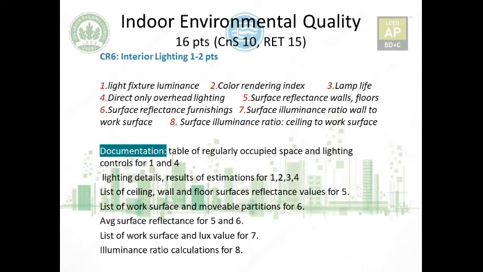Similarly, lighting details and results of estimations can cover the documentation for the 1st, 2nd, 3rd and 4th categories. And similarly, average surface reflectance documentation will cover the 5th and 6th categories. And similarly, we can see the other documentation that is required for different strategies.